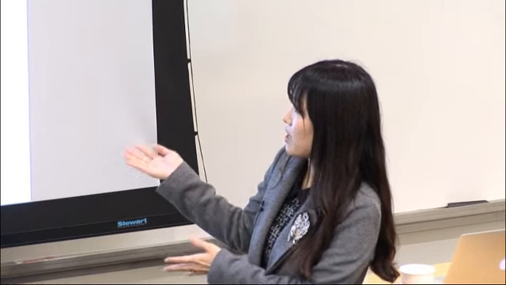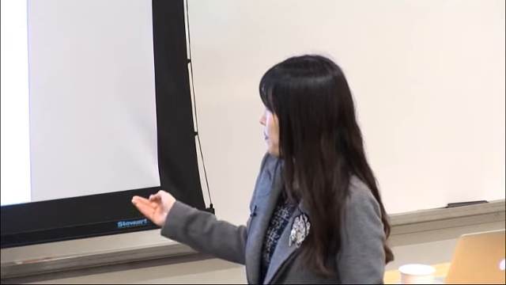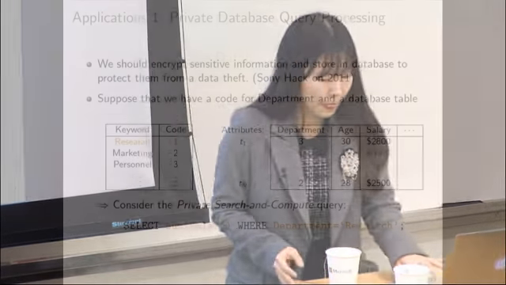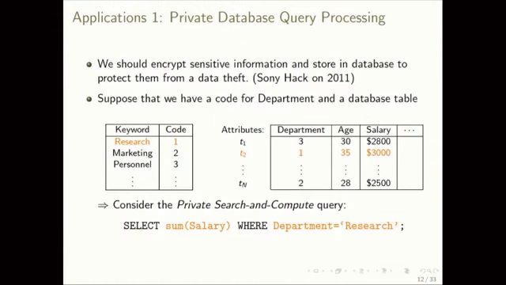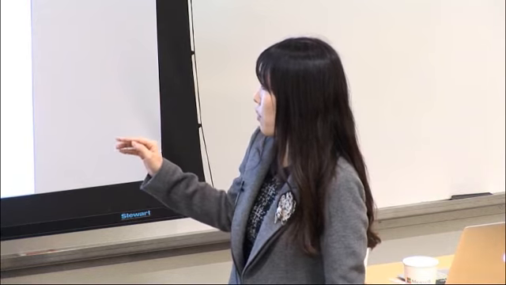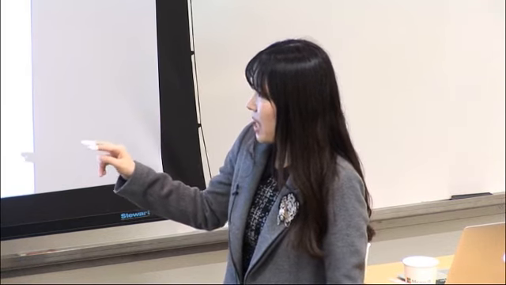And here is the query that we consider in our work. Suppose that we have a code for department and a database table. Then we can consider this private search-and-compute query. We first search for the tuples who are in the research department and then aggregate their salaries.